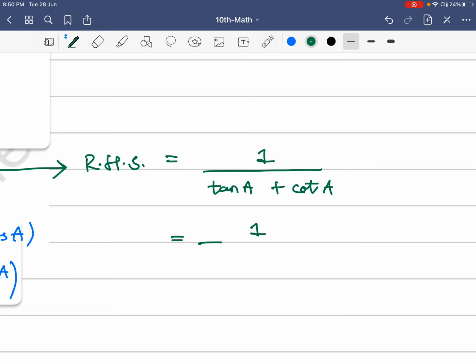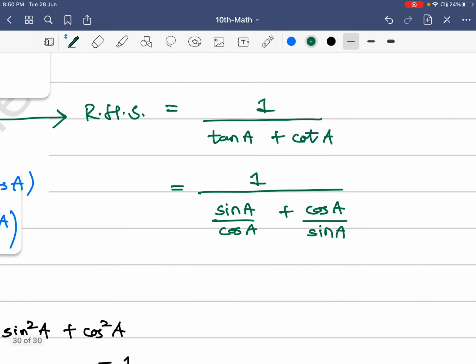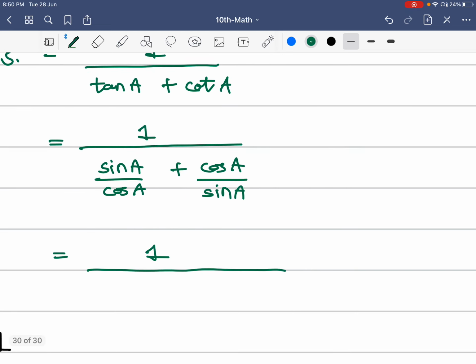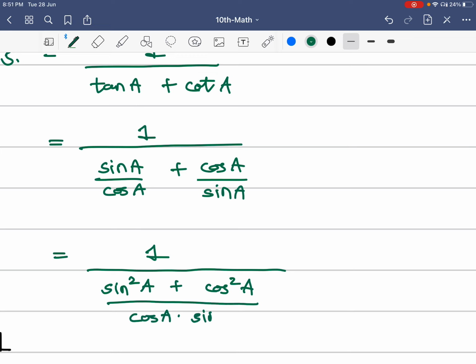So this is going to be 1 the whole upon (sine A upon cos A plus cos A upon sine A). That is equal to 1 upon (sine A into sine A, that is sine square A, plus cos A into cos A, that is cos square A), and the whole upon cos A into sine A.